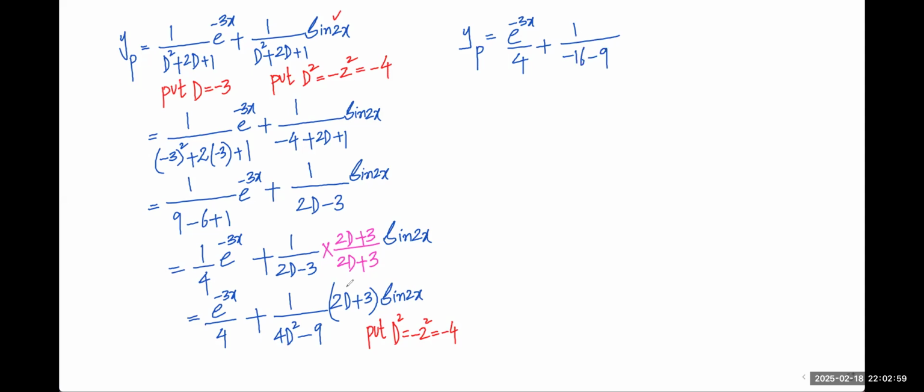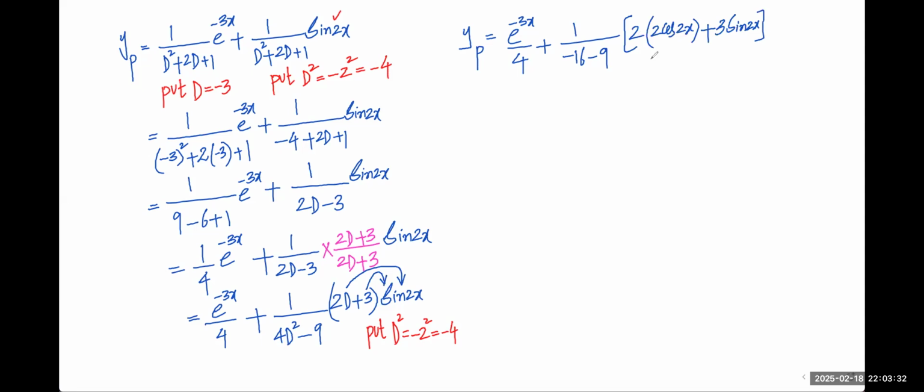And now what happened here, you see 2 times of d stands for derivative of sin 2x, 2 as it is. D stands for derivative of sin 2x is 2 cos 2x plus just 3 we have to multiply, ordinary multiplication, that is 3 sin 2x.